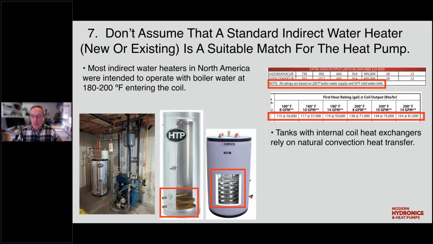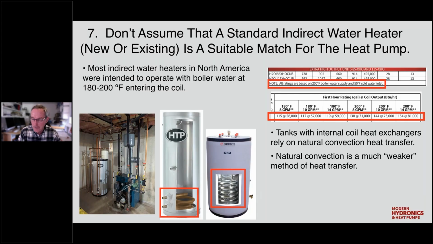And one of the things you want to realize about any kind of coil heat exchanger that's immersed in a fluid like this is that they rely on what's called natural convection to remove heat from the outer surface of the coil and transfer that heat into the water in the tank. Natural convection is a much weaker form of heat transfer compared to forced convection.